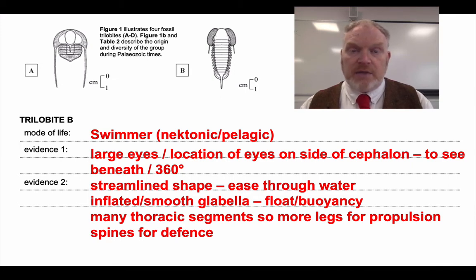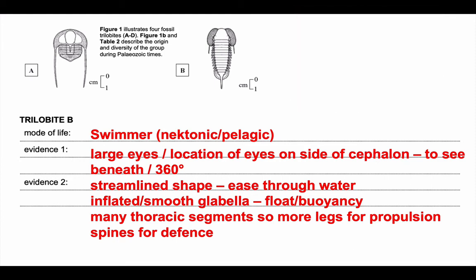The glabella, the middle of the cephalon there, is quite large, which may well have given it some buoyancy. It was also quite flexible, with lots of thoracic segments. There are extensions on those thoracic segments. And also, if you look around the pygidium, it almost looks like a paddle on the back for swimming around.